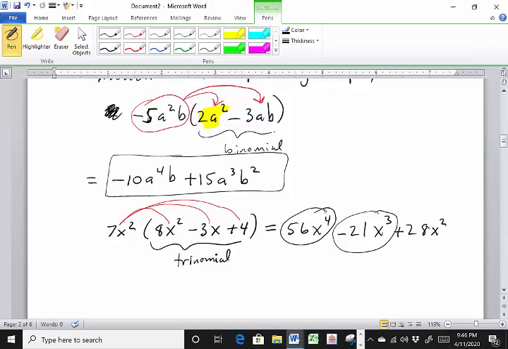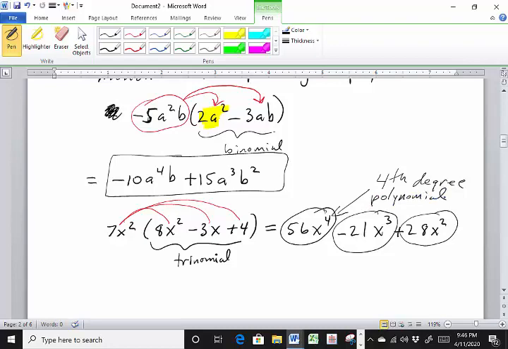And let's look at the coefficient here. It's 28. And what's the degree of this term? It's a 2nd degree term. And what is the overall degree of this polynomial? Well, since the highest degree is 4th, this is a 4th degree polynomial.